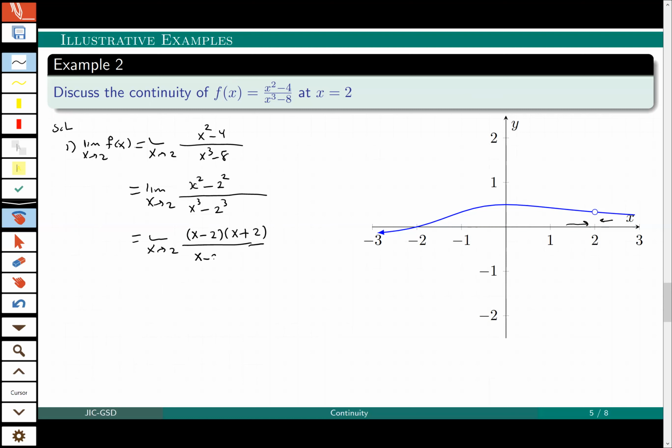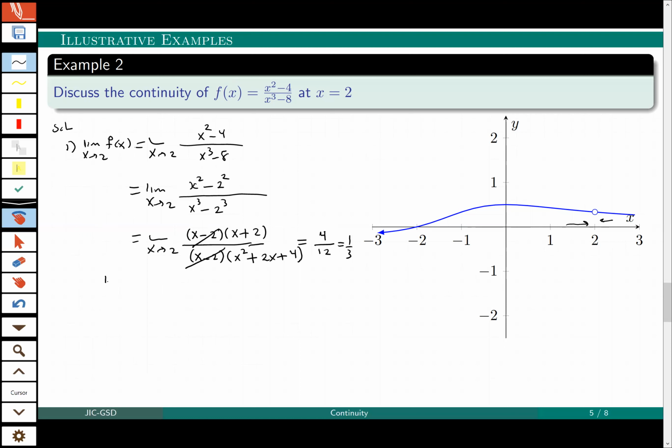Here it will be first minus second, then first squared plus first times second, which is x times 2, which is 2x, plus second squared, which is 4. 2 squared is 4. So x minus 2 is cancelled with x minus 2. You will get here 4 over 12, which is 1/3.